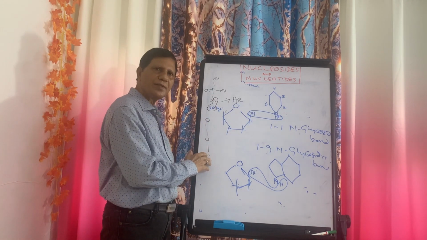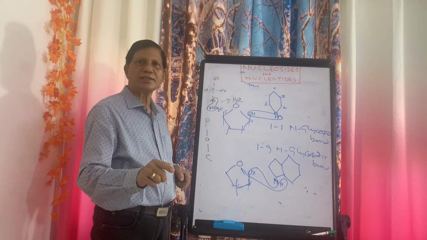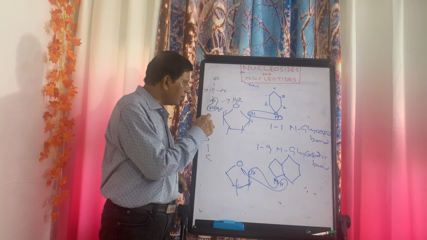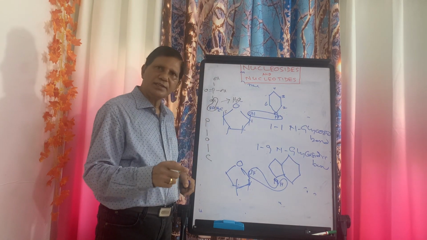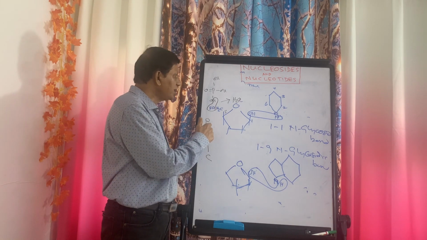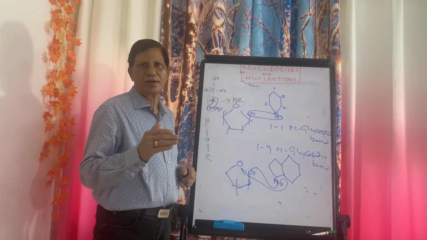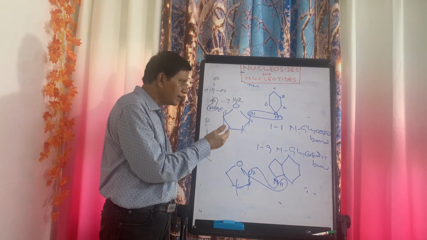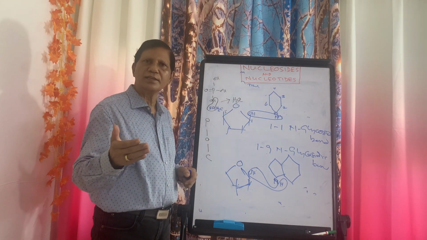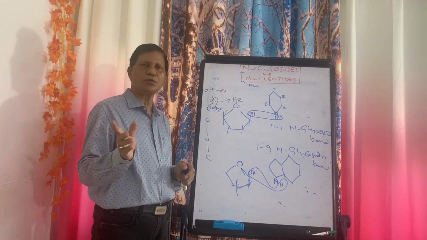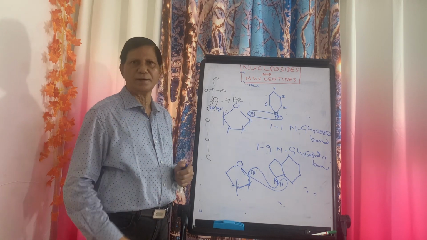For DNA, deoxyadenylic acid or deoxyadenosine monophosphate. Then deoxyguanylic acid or deoxyguanosine monophosphate, deoxythymidylic acid or deoxythymidine monophosphate, and deoxycytidylic acid or deoxycytidine monophosphate. This is the difference. Only deoxy will be added in case of DNA.